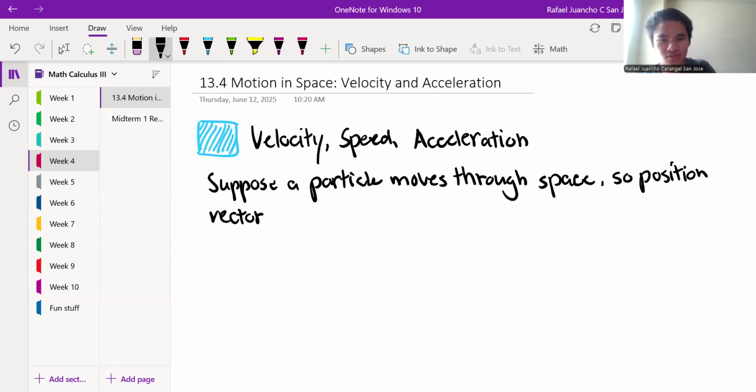And we'll say our parameter is t, and we'll say t is time. And we're going to denote our position vector as a vector function. So this will give us the corresponding position after some time t.